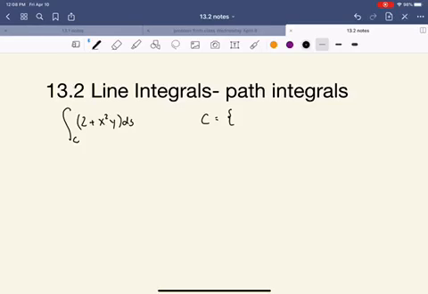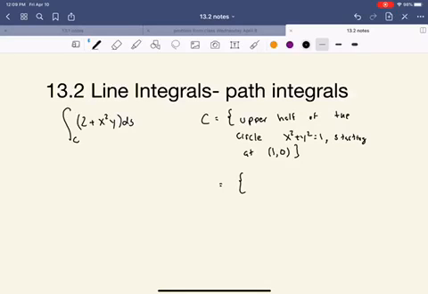C here we're going to take to be the upper half of the circle x squared plus y squared equals 1, starting at (1, 0). I can understand that to be given by x of t equals cosine t, y of t equals sine of t, where t goes from 0 to pi.